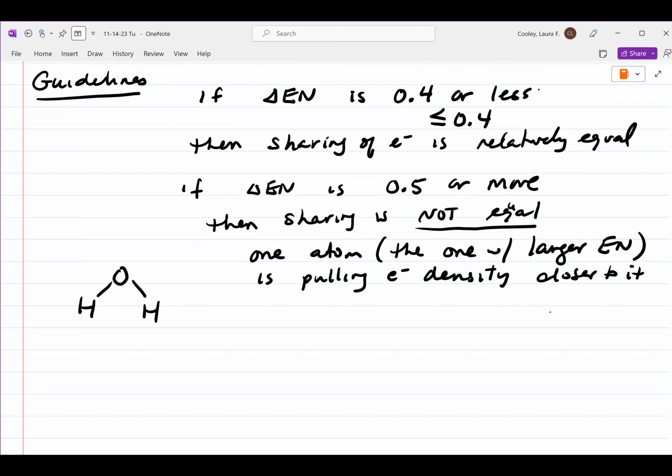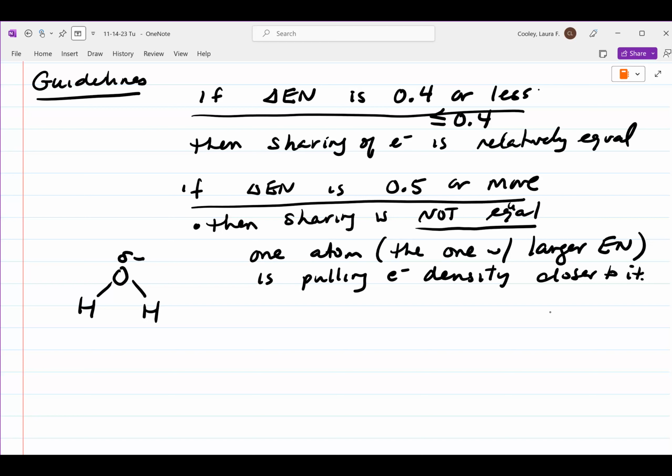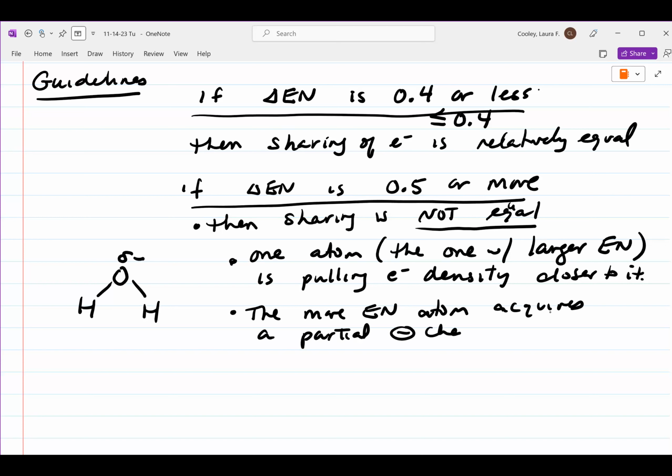And when it does, it acquires something of a negative charge. So we would write a delta negative over here. The more electronegative atom acquires a partial negative charge.